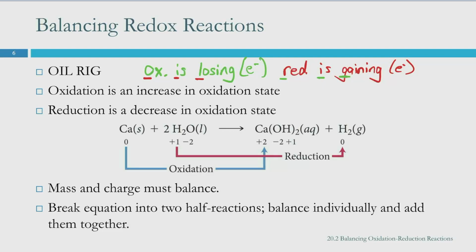So if you're losing electrons, that's oxidation. If you're gaining electrons, that's reduction. The other popular one that I know is LEO goes GER. And the reason that it's LEO goes GER is because Leo is a lion. Leo the lion goes ger.